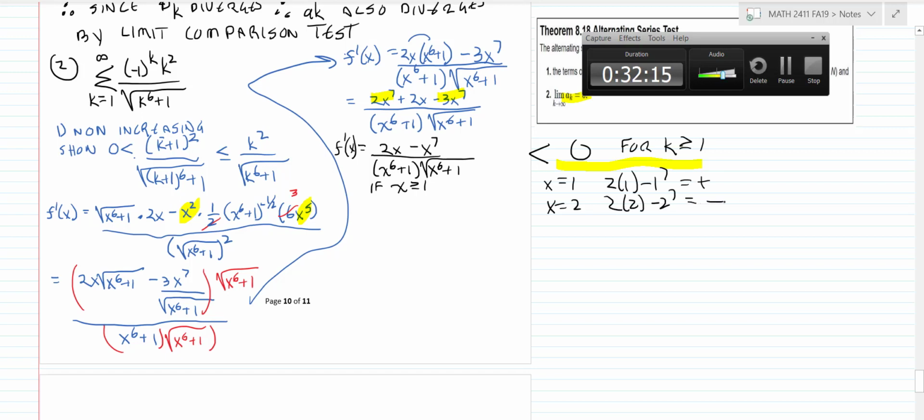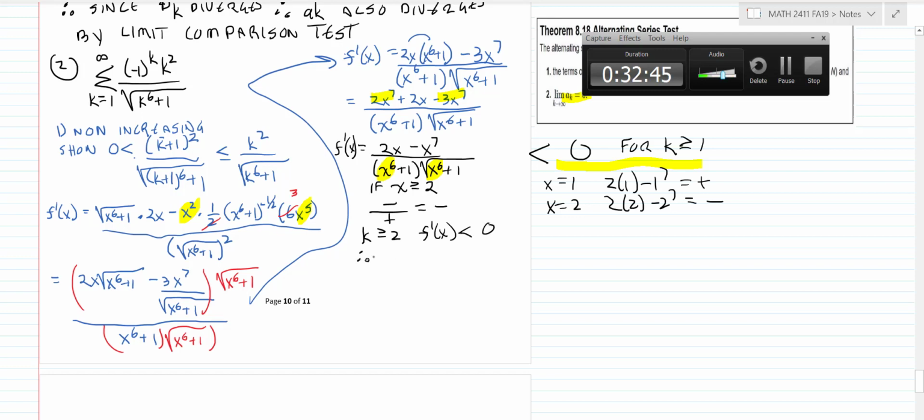Well, that's clearly negative, and it'll be negative from then on. So what we could state is k greater than or equal to 2, then we would have a negative, and you can tell the denominator is positive. You don't even have to explain that. You've got even exponents, so it'd be negative over positive, it'd be negative. So if k is greater than or equal to 2, then the first derivative would be negative.